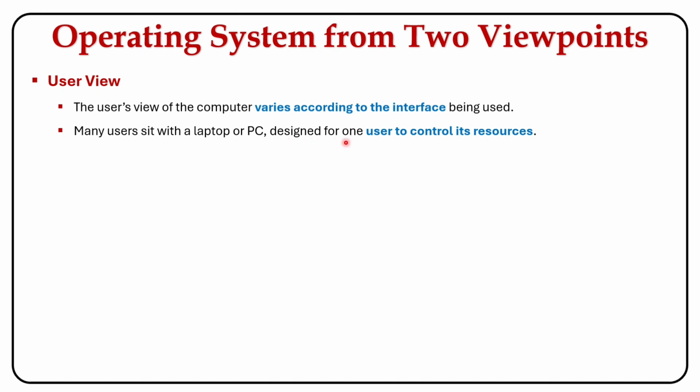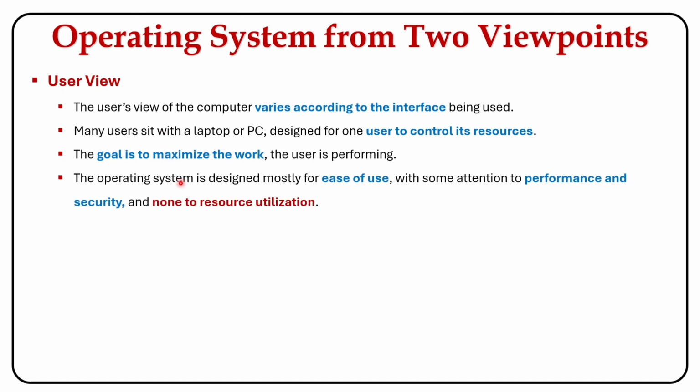The main goal here is to help the user complete their work efficiently and conveniently. The operating system is designed mostly for ease of use with some attention to performance and security, and with less importance for resource utilization, because the computer is usually dedicated to one user in this type.